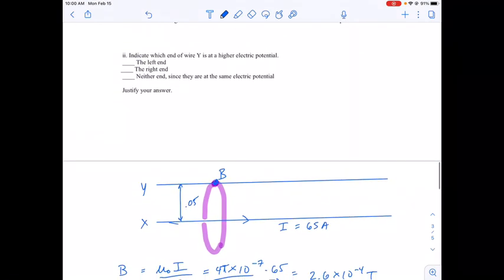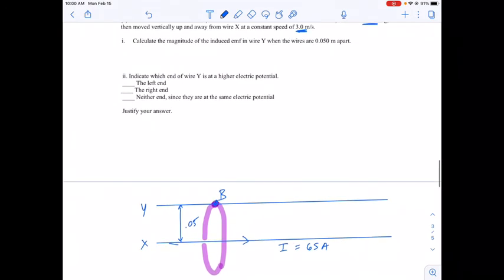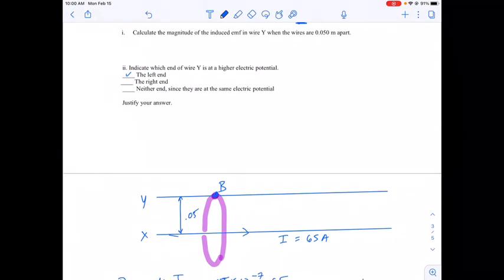Okay, part 2, indicate which end of wire Y is at a higher electric potential, and justify your answer. So the answer is the left end.